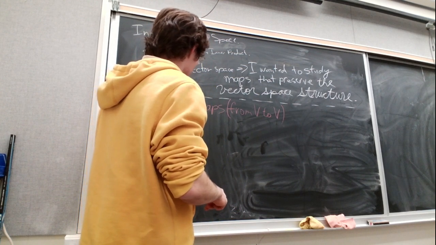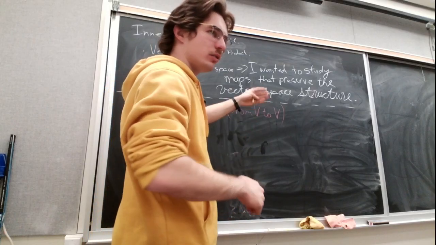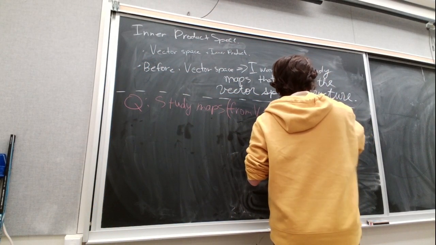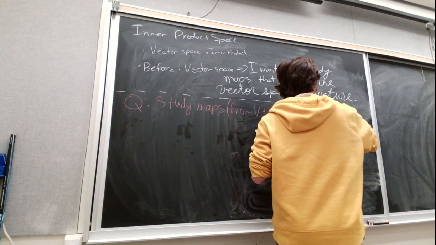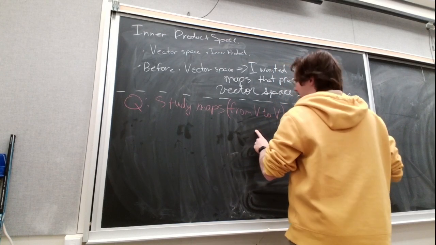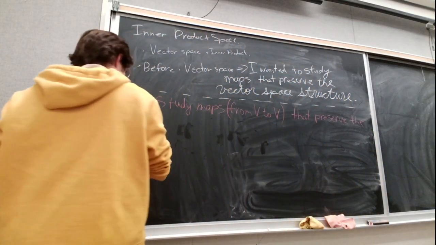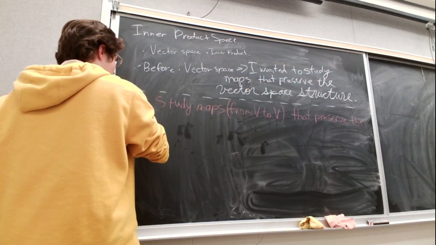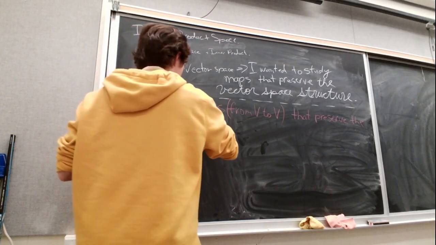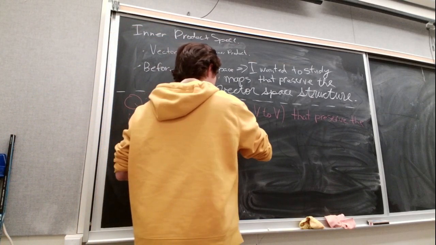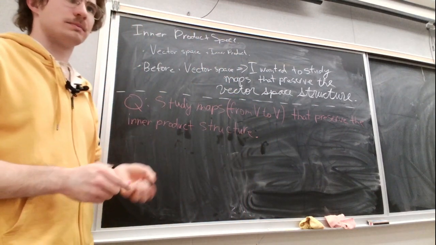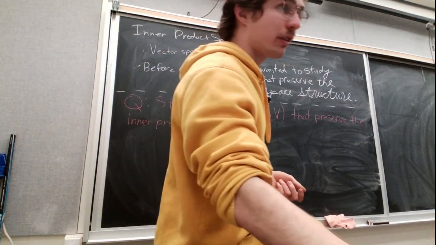But we want to study maps in principle from any two inner product spaces, but we'll restrict ourselves to V to V that preserve the inner product space structure. This is what we want to do. Very natural thing to do.